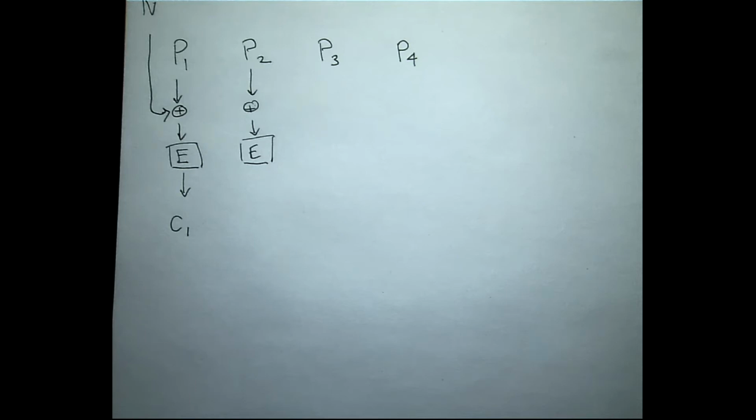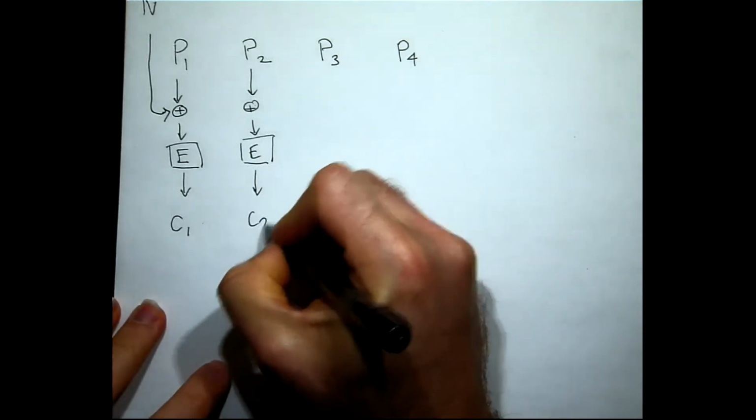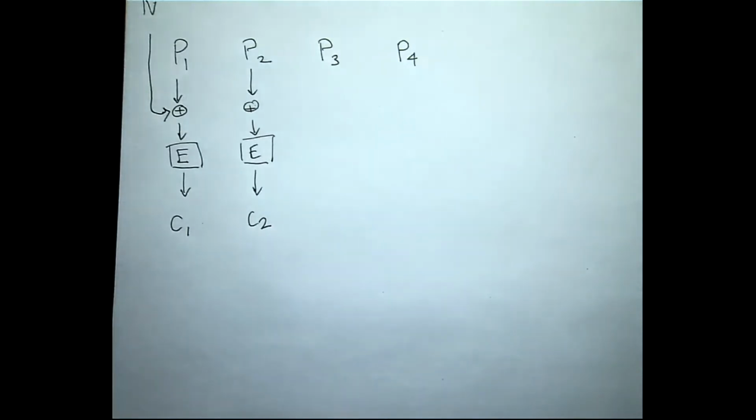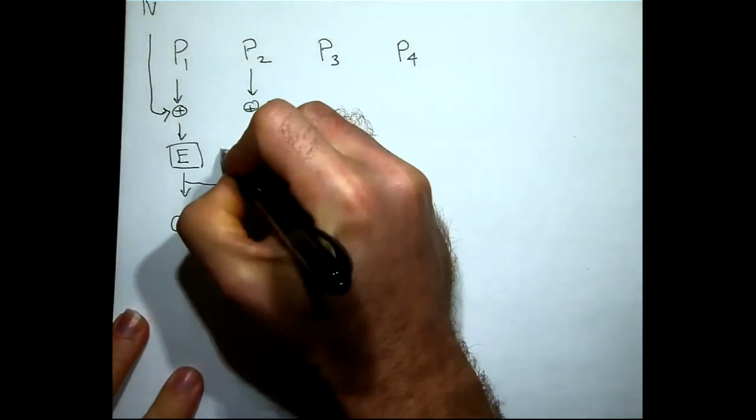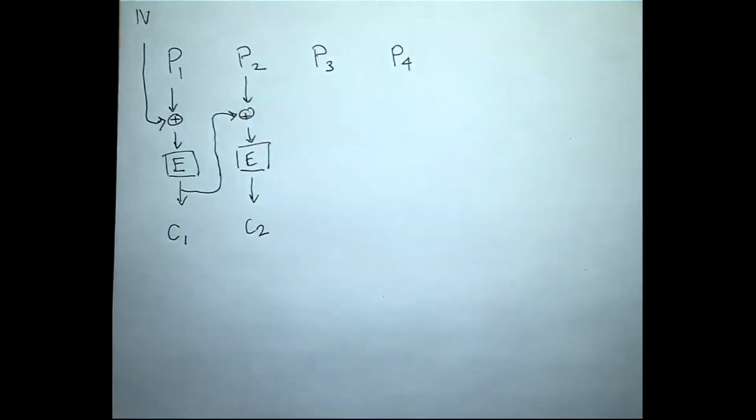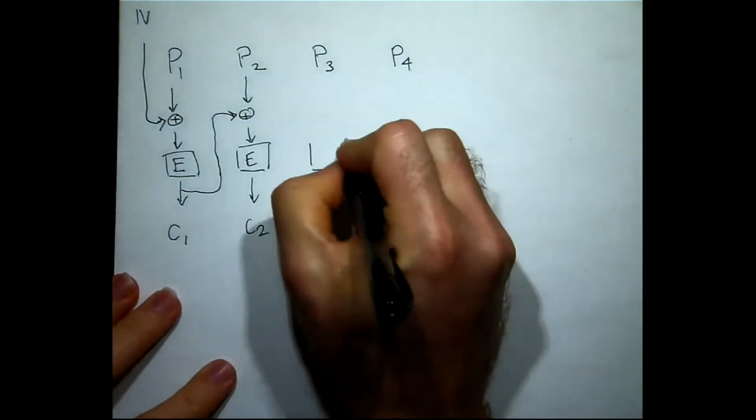Yeah, that'd be bad, because if P1 and P2 were the same, then C1 and C2 would be the same, and that would reveal some information about the message, and we don't want to reveal that. So we don't reuse the same initialization vector, but we got to use something. We want some value that looks kind of random, and the outputs of a block cipher look kind of random, so we're going to use that previous output. We're going to use that C1 value. And then we just keep doing that.